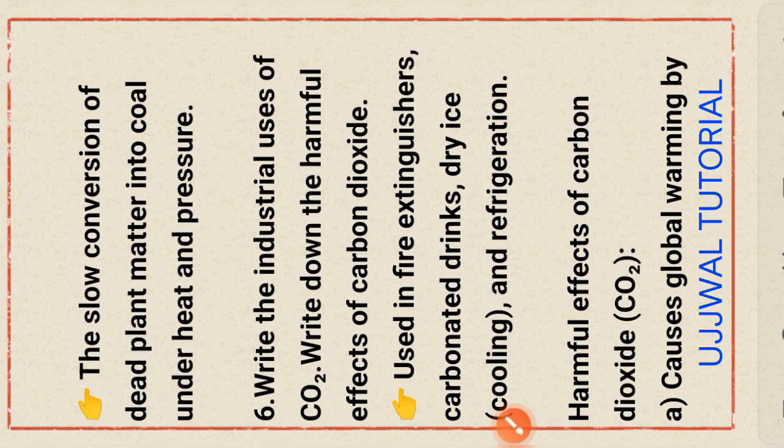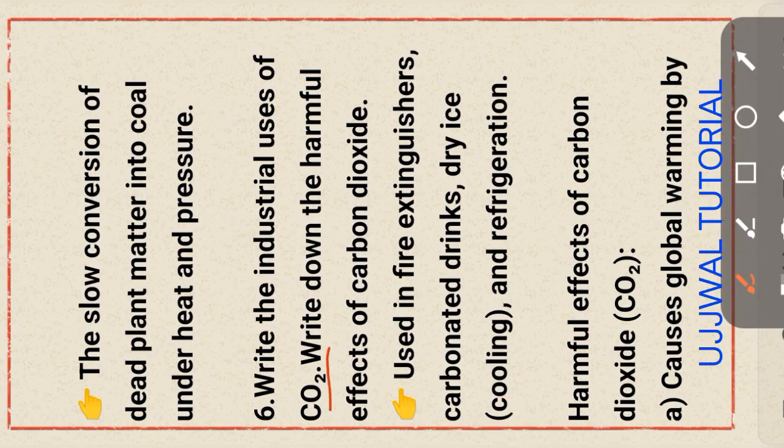Next, write the industrial uses of carbon dioxide and write down the harmful effects of carbon dioxide. Now, uses of carbon dioxide: carbonating drinking water, dry ice, cooling, and also used in refrigeration. Okay, now the harmful effects of carbon dioxide.